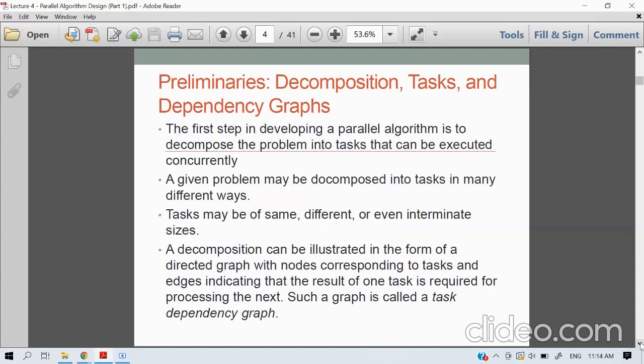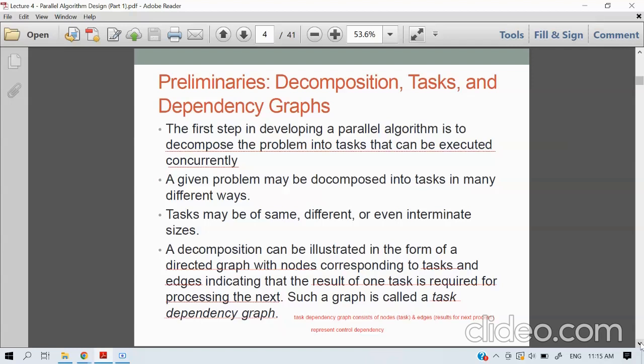Alright, so let's look at the preliminaries. What is meant by decomposition, task and dependency graph. The first step in developing a parallel algorithm is to decompose the big problem into several tasks that can be executed concurrently.